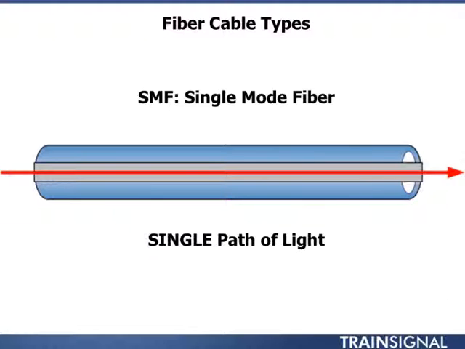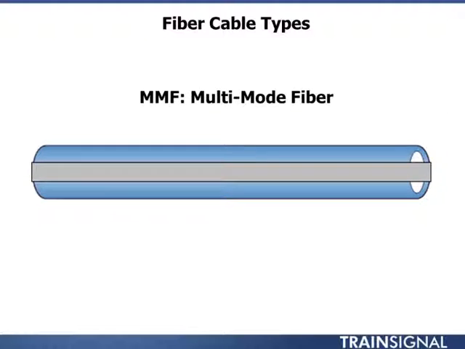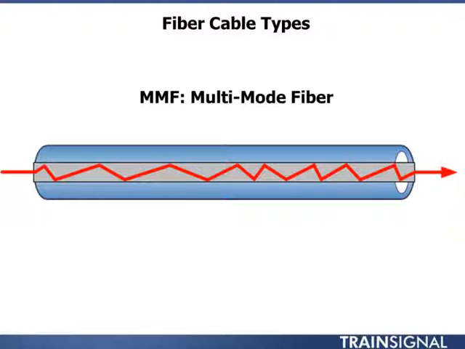Single mode fiber is generally more expensive. Then you have multi-mode fiber, or MMF. And as you can see, the light bounces around various parts along the fiber and actually creates multiple paths of light. Much less expensive, but not necessarily as efficient.